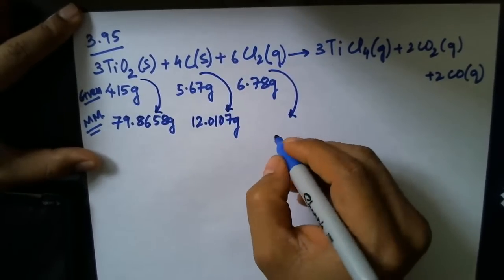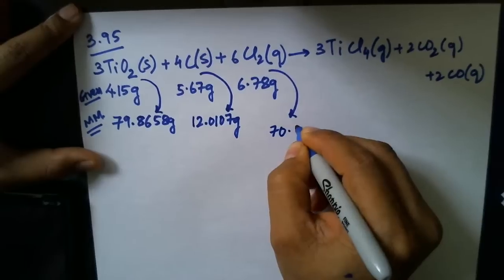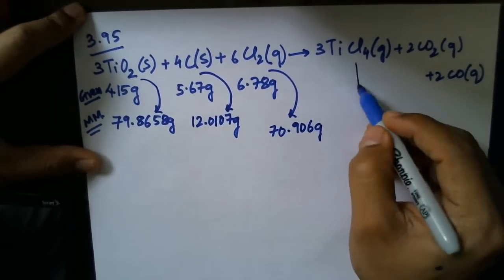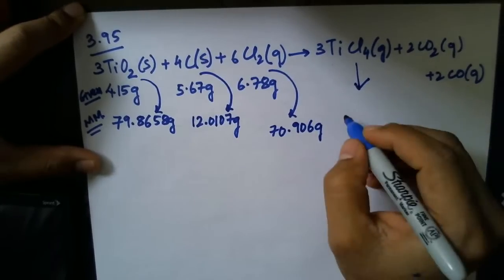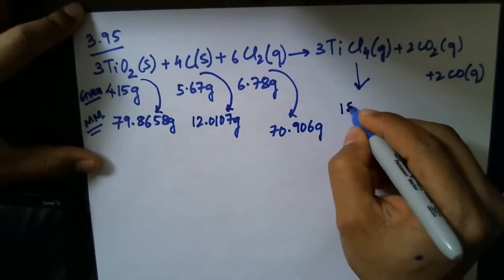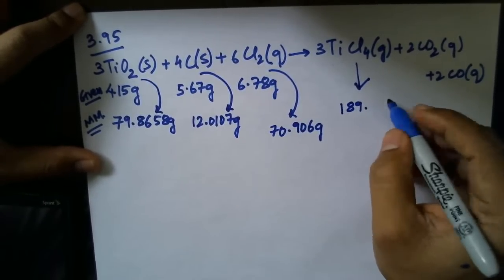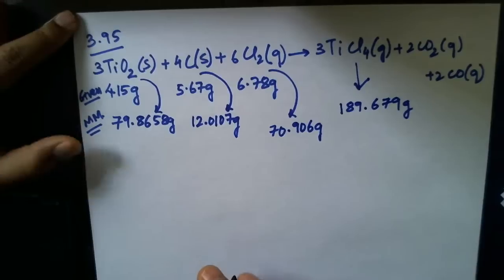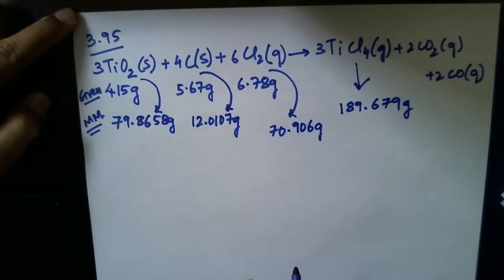Molar mass of chlorine is 70.906 grams. And finally, since we're interested in the titanium tetrachloride, I calculated the molar mass for that, which comes out to be 189.679 grams. Okay, so this is something which you can calculate very easily from the periodic table.